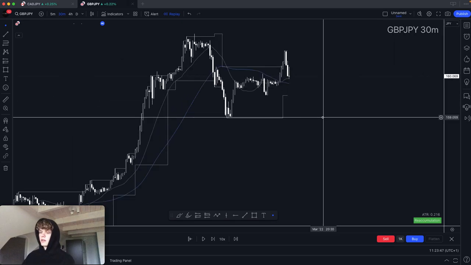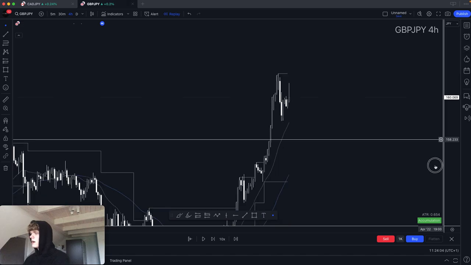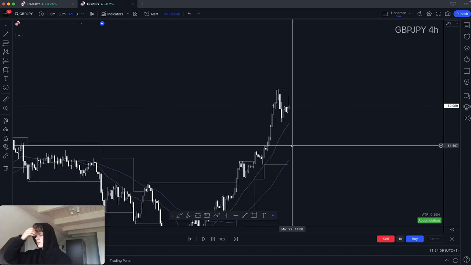And as you maybe realize, I don't watch out for 4 hourly demand zones again, because with that rule I've skipped so much tradable price action that I don't want to do this anymore. Of course, I'm still looking for the MAs to point up, or sideways sloping upwards.